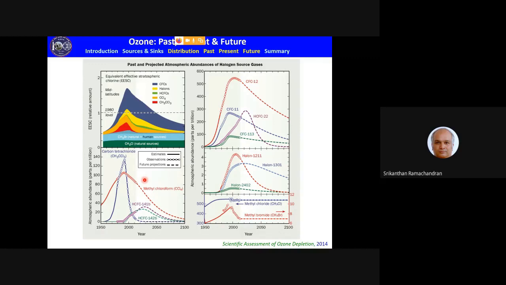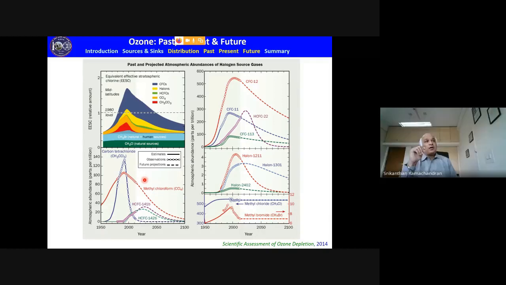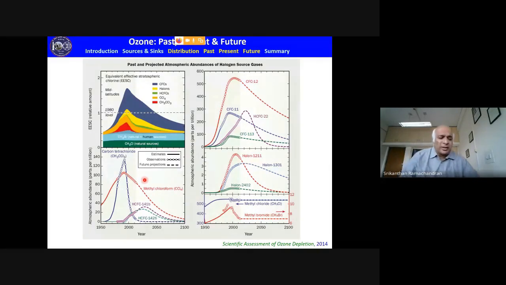The principal advantage of the other gases in comparison to the chlorofluorocarbons is that their ozone depleting potentials are significantly smaller and their residence times are also shorter. While for the chlorofluorocarbons, the ozone depleting potentials are significantly higher, and they can reside in the atmosphere for more than 60 to 100 years.